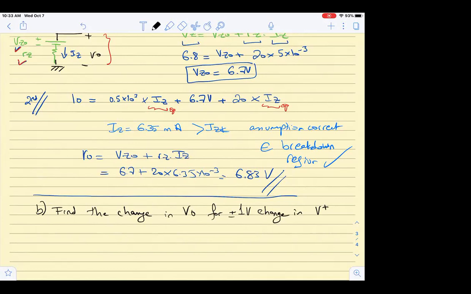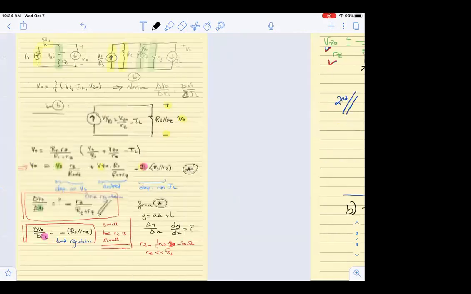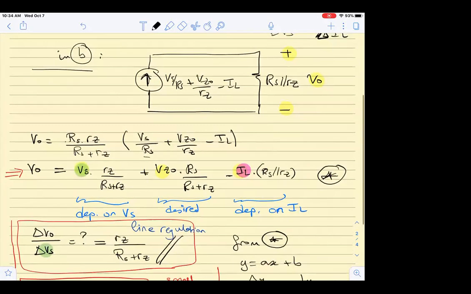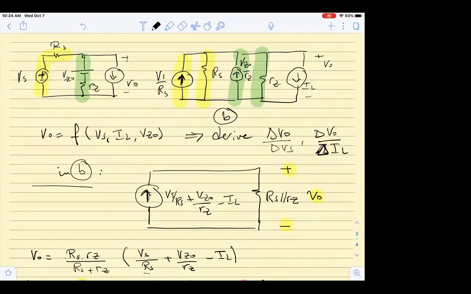I have two options. Either I say plus or minus 1, meaning the supply becomes 10 and 11 and 9. Or I can go back to the previous equation, and since the circuit is the same, I have a supply, a resistor RS, and a diode with no load around it.